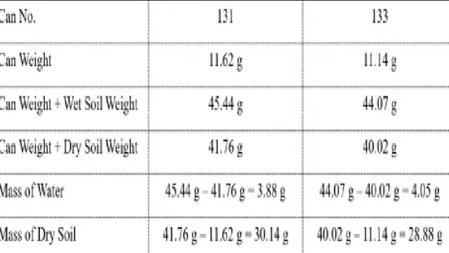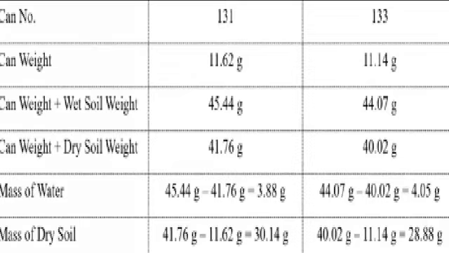So the mass of water for 131, after subtracting the weight of can plus dry soil from can plus wet soil, comes to 3.88 grams, and for 133 it comes to 4.05 grams.